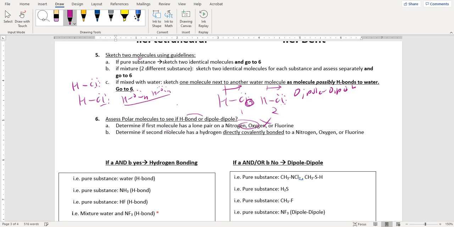So with water, that's going to be hydrogen bonding. Hydrogen chloride, this is going to be dipole-dipole. So you always want to go through these steps. So now we have a third scenario.